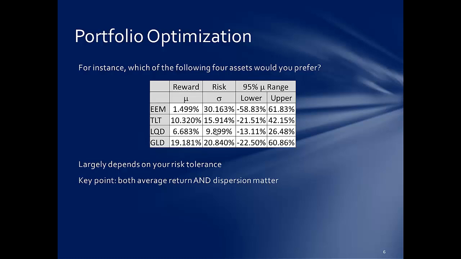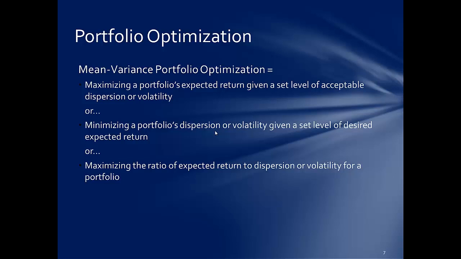You can't separate them. So when we talk about mean variance portfolio optimization, there are actually 3 possible definitions. The first definition is that we could maximize a portfolio's expected return given a set level of acceptable dispersion or volatility. In other words, you set the dispersion or the standard deviation, and then you try to maximize the return at that set level of standard deviation.